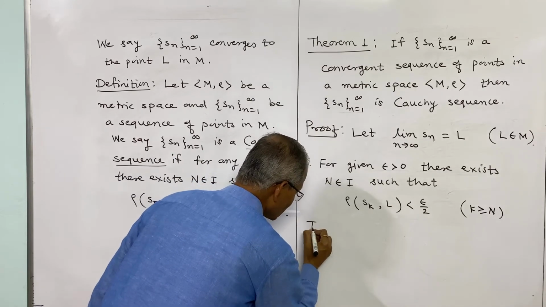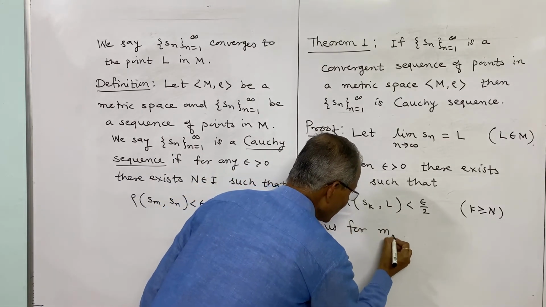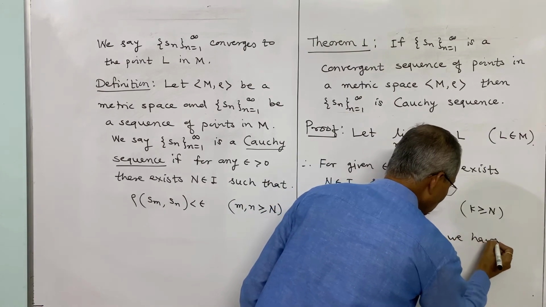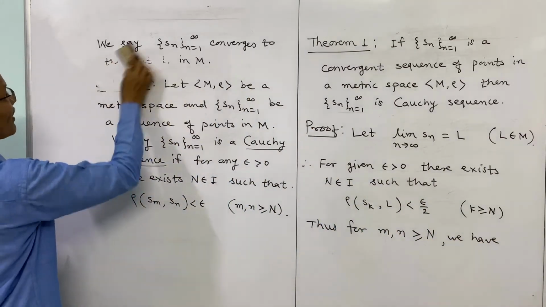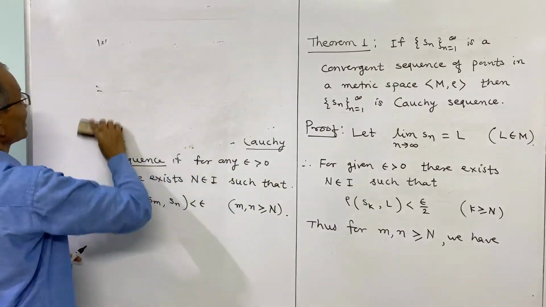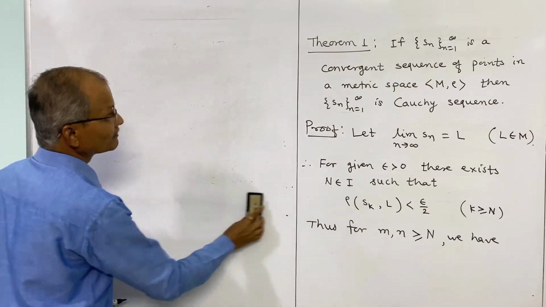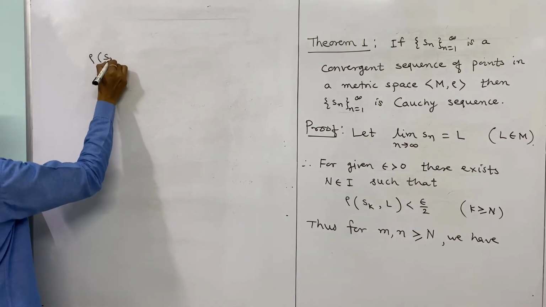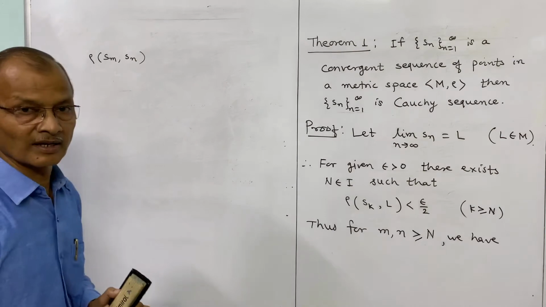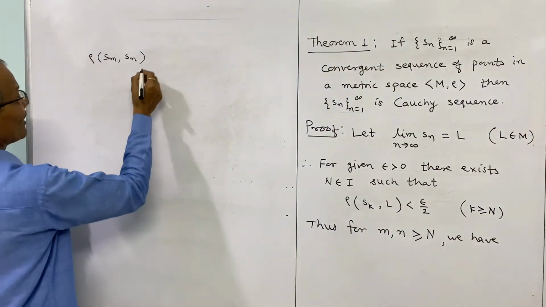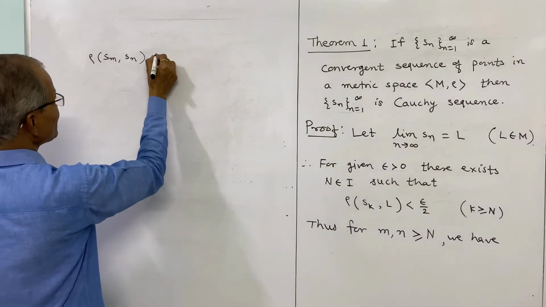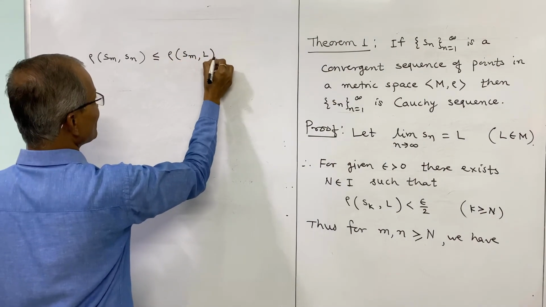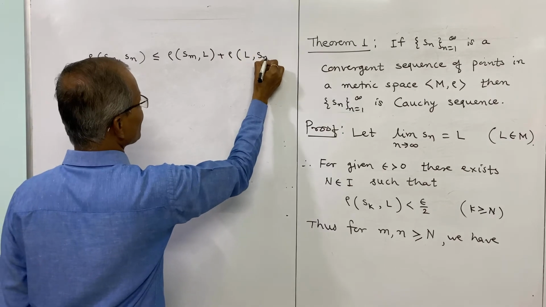Now we will take m and n both greater than or equal to capital N. For both m and n greater than or equal to N, the distance between Sm and Sn, that is rho of Sm and Sn, can be written by the triangle inequality as rho of Sm and L plus rho of L and Sn.